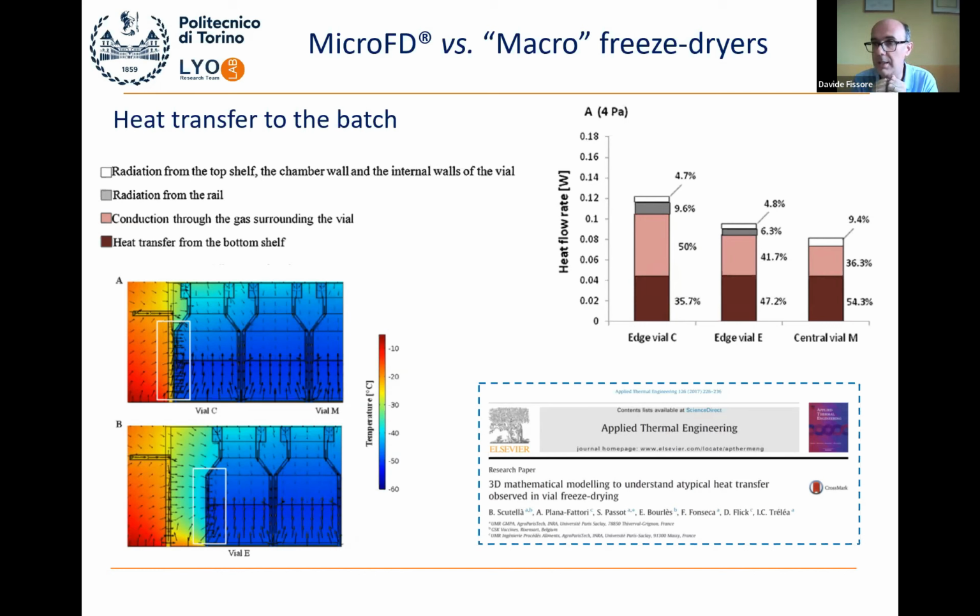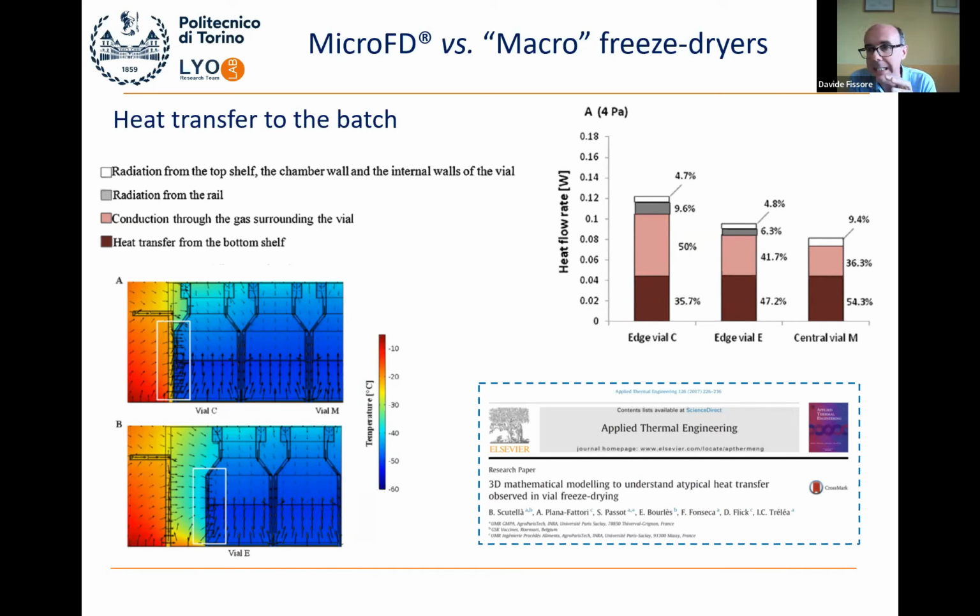They receive heat through conduction in the gas surrounding the vials. They receive heat due to radiation from the rail, from the top shelf, from chamber walls. Obviously, the heat transferred from the shelf is the same. It's not dependent on the position. What is dependent on the position is the heat related to radiation and the heat related to conduction.